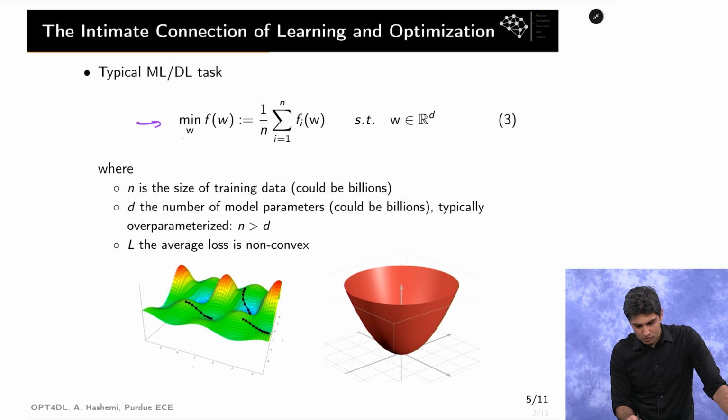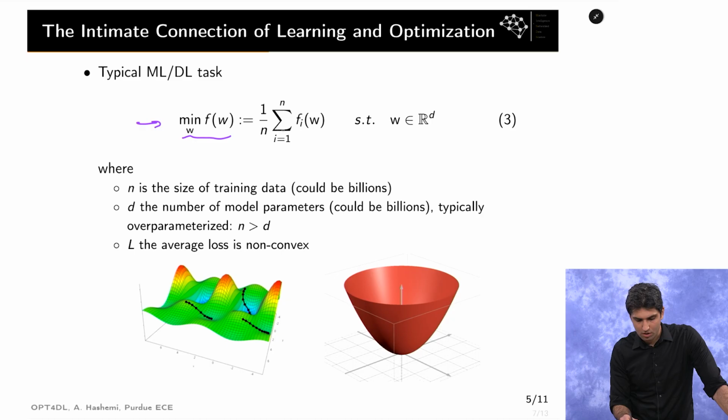We still want to minimize a loss function. Here, I denote that by f. But the loss function is not arbitrary. It takes many times a specific form. In particular, many times, the loss function can be thought of as being the average of some other functions.